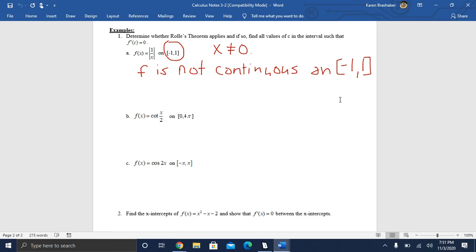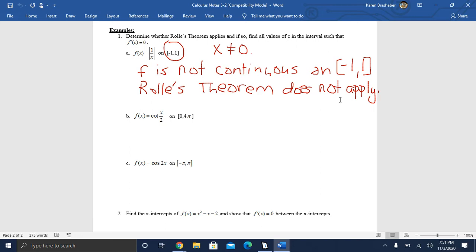And so this would be your verification, and then you would say that Rolle's theorem does not apply. And I know some people will abbreviate, and I don't mind if you abbreviate, just make sure that you know what you're talking about there.